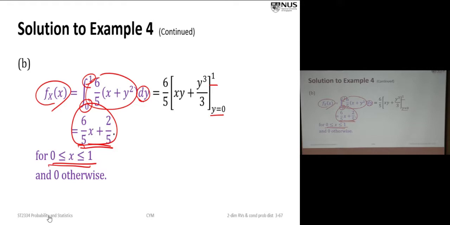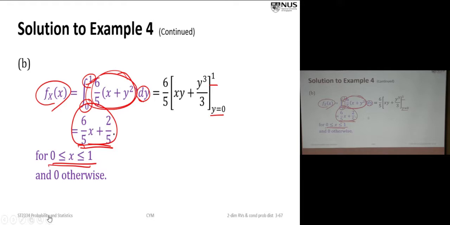But why is it 0? Because the joint PDF that's given to us is 0 outside. The joint PDF is equal to this expression only when x is between 0 and 1 and y is between 0 and 1, and 0 outside this range or these regions. All right?